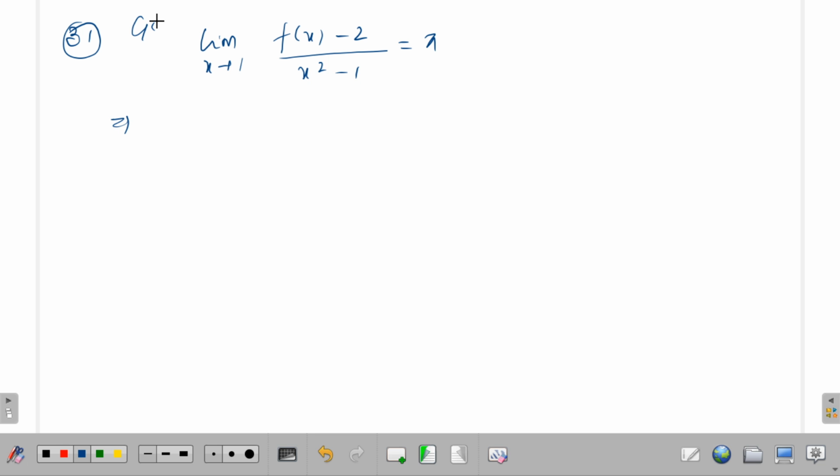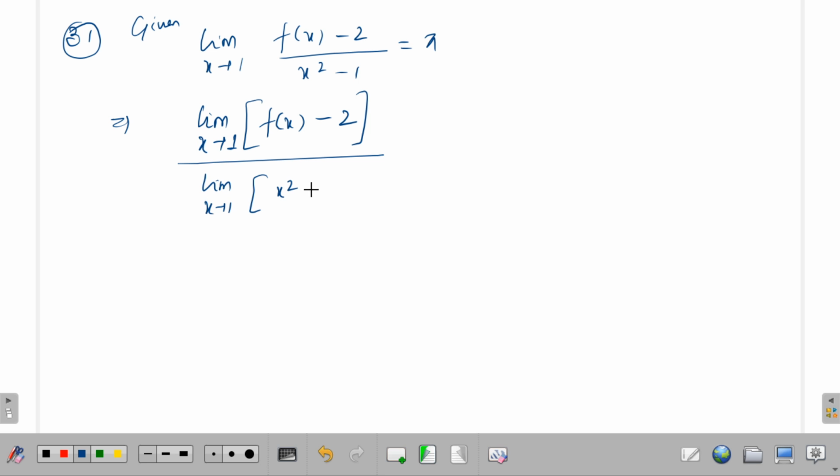So it has been given. What I can do is simply break the limit into two parts, the numerator and the denominator. So the next term would be limit of x tends to 1 of f of x minus 2, divided by, let me give the bracket, limit of x tends to 1 of x squared minus 1, and then I got pi.